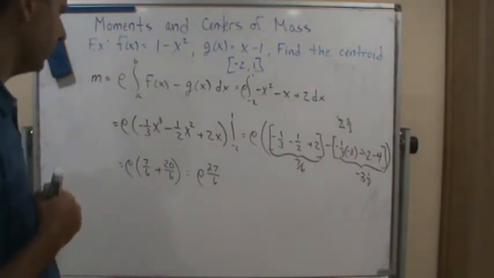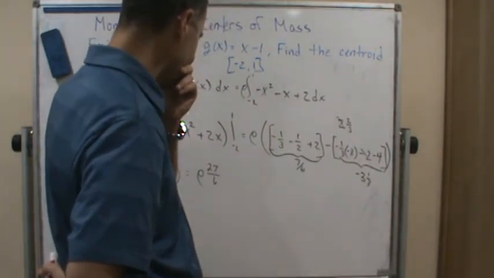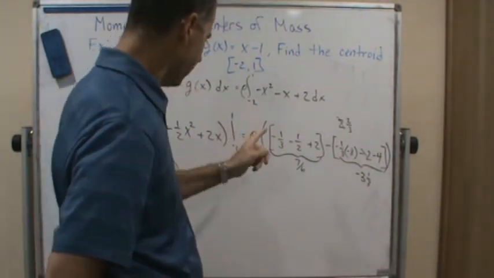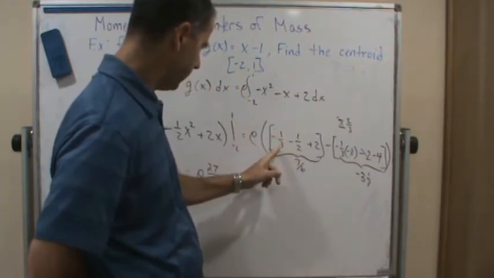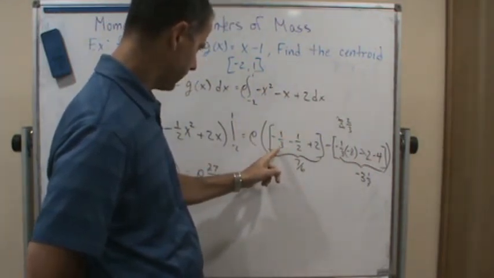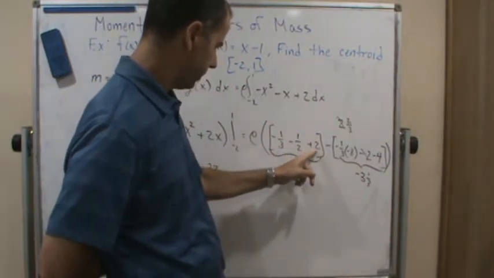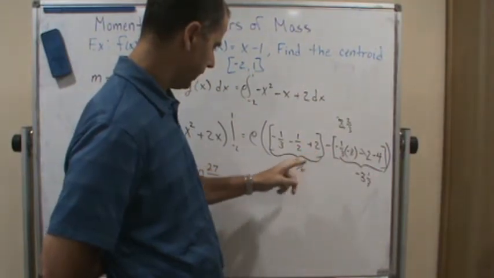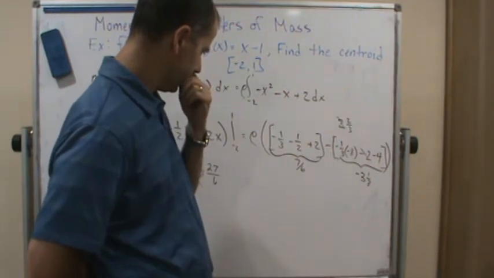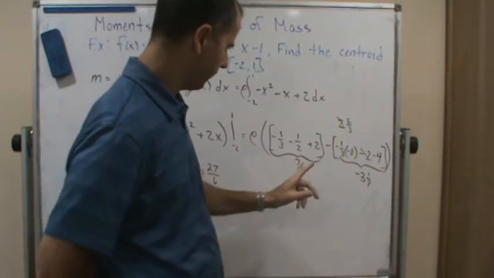Is that right? Did I make a mistake? Something's not right here. So this is negative, what is this? Negative 5/6 plus 2 is 1 1/6, which is 7/6, okay?